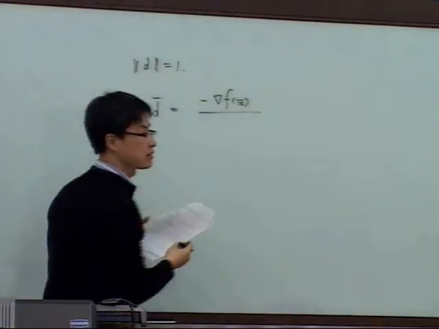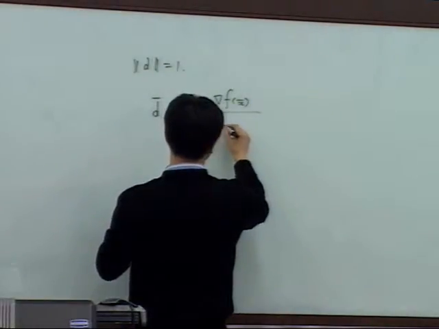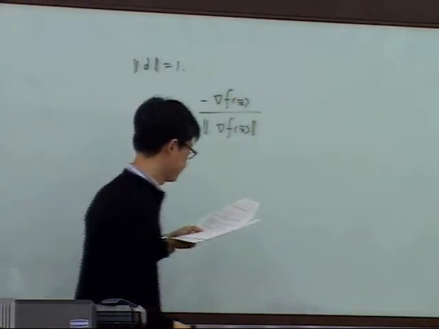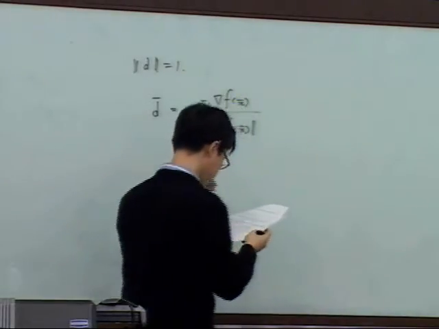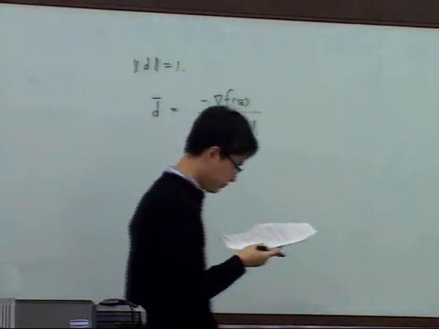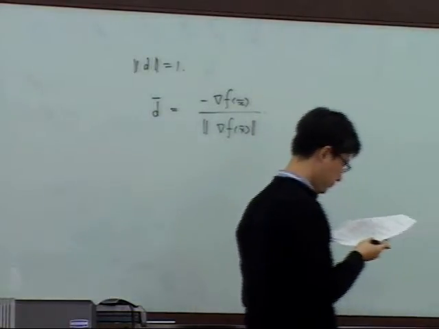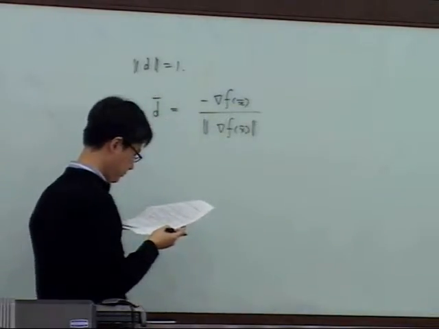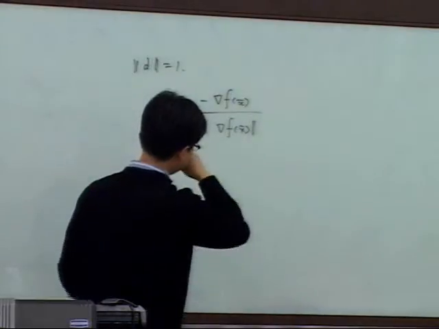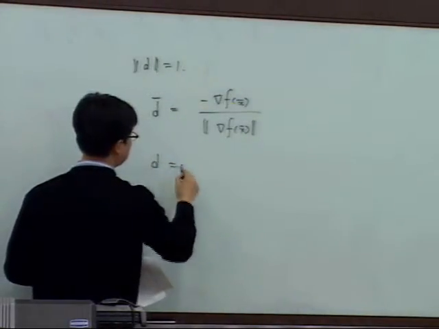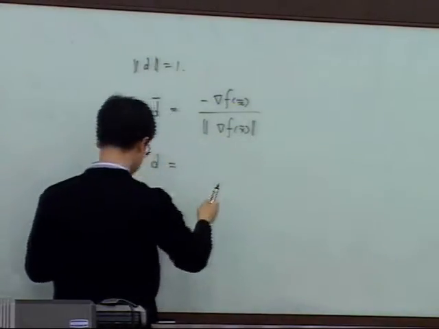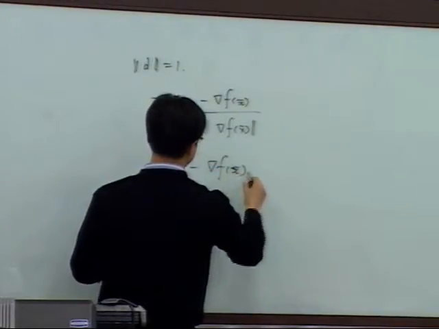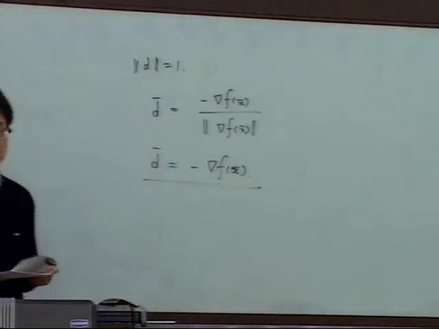To make the unit vector, we do this. And if this is too complex, you can just use the steepest descent direction.